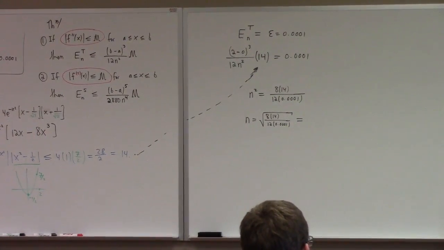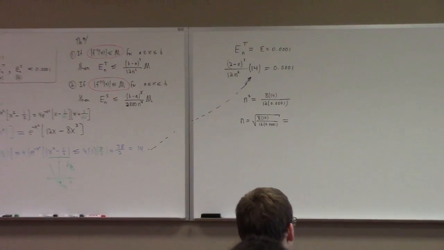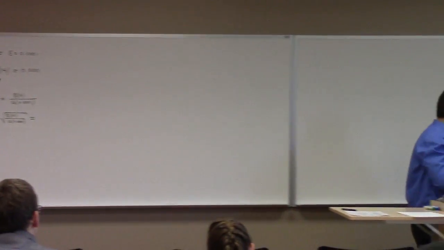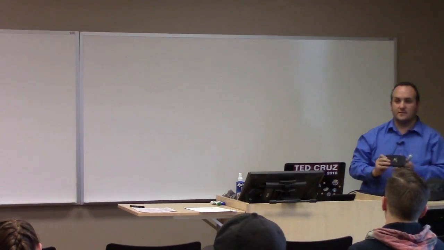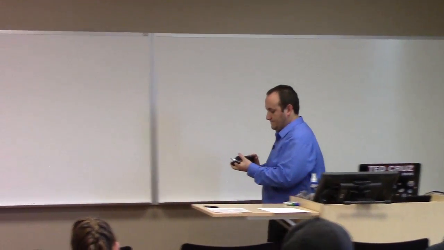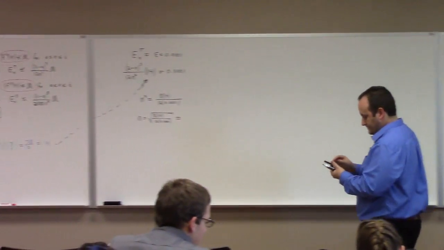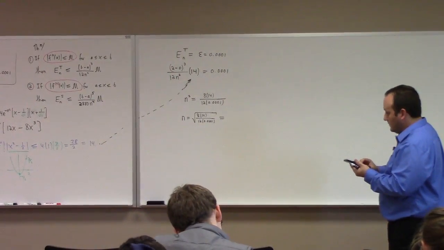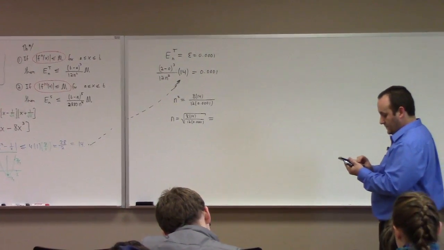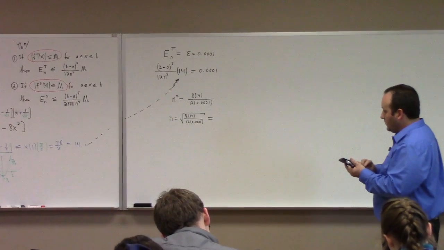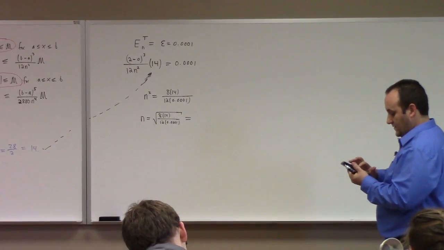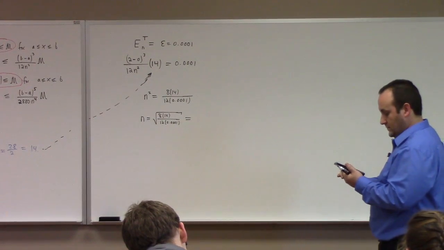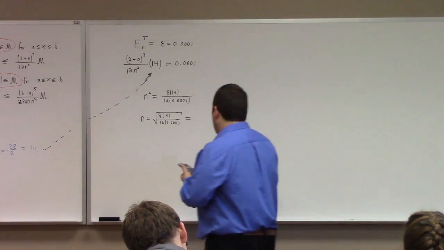And maybe I should put an n tilde on there or something. It's not really going to be my n, and you'll see why. It'll become glaringly obvious why that's not n very soon. All right? So what do we get? 8 times 14 divided by 12 divided by 0.0001, square root of that: 305.5.